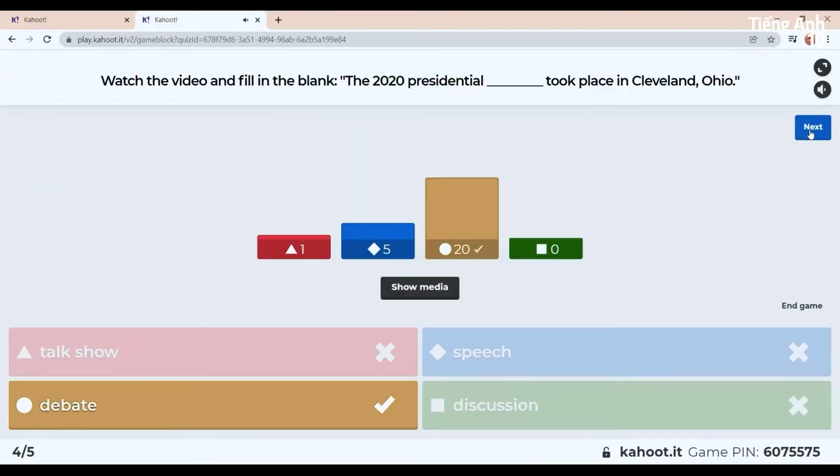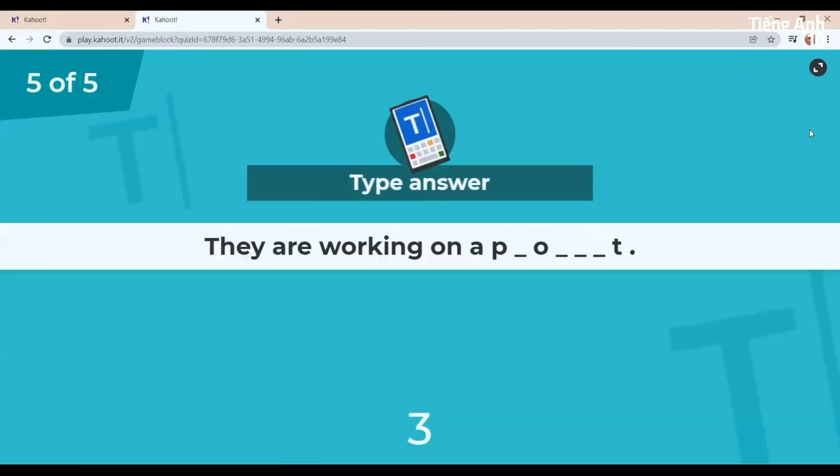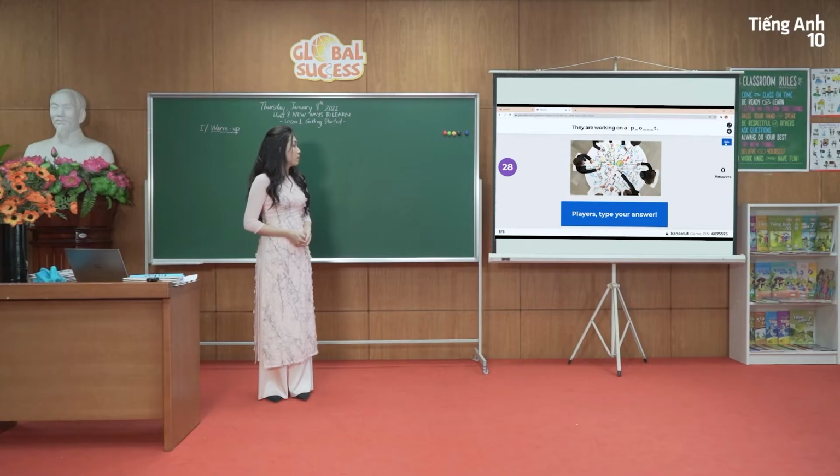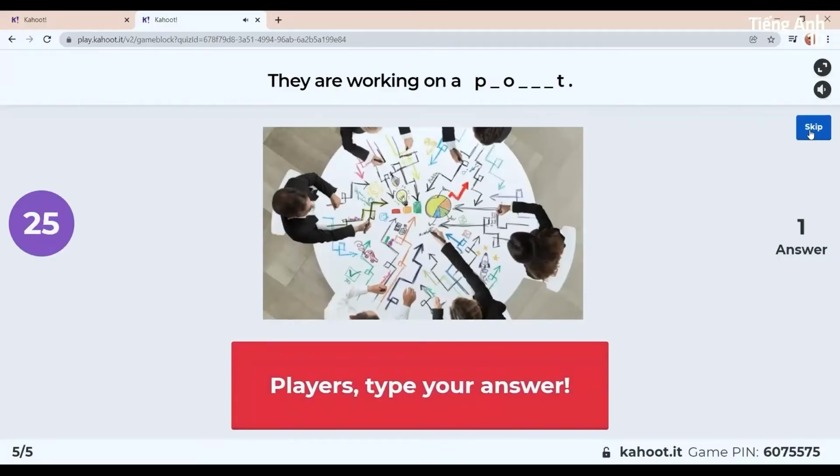And the answer is debate. Last question. What are they working on? Look at the picture and type your answer.